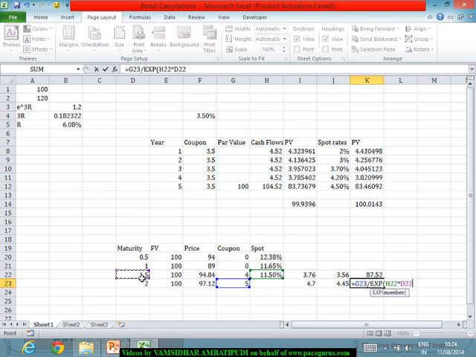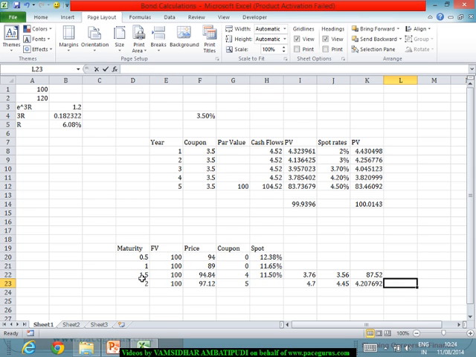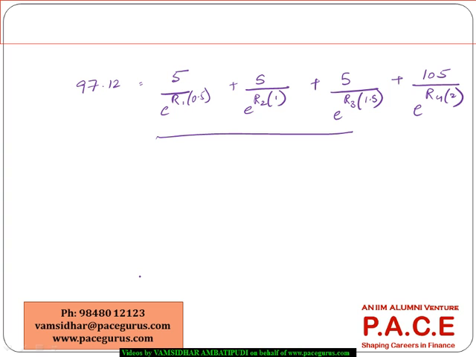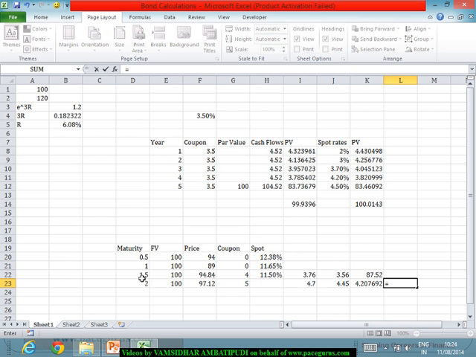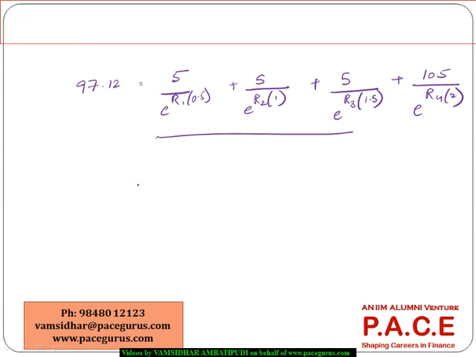Now because of this, we can very well take all these three and adjust the equation. So from 97.12 I subtract all these three pieces, which will create 83.76.